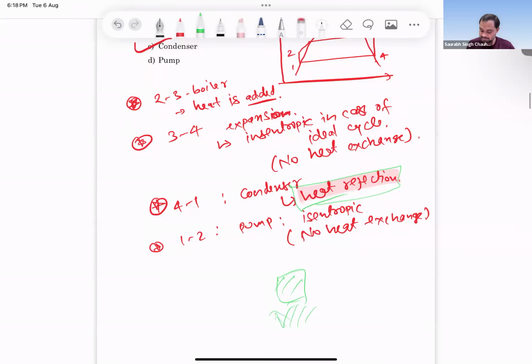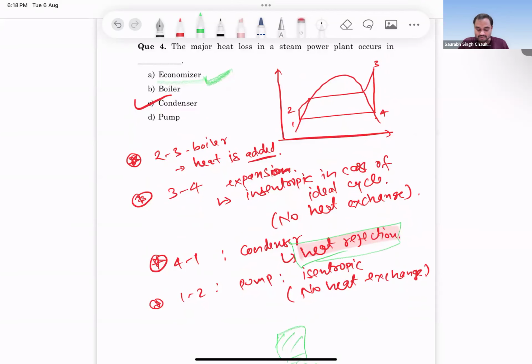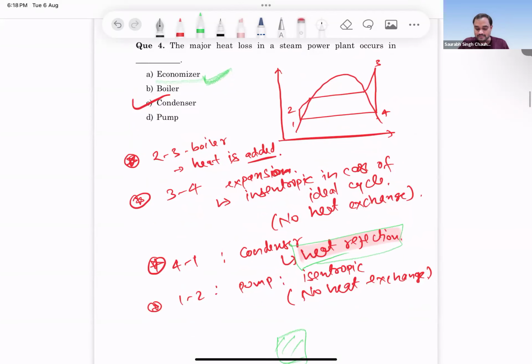From a combustion device. So after combustion there will be some exhaust gases coming out. These exhaust gases are quite hot, and the heat of these combustion gases can be used to raise the temperature of the water that will go into the boiler. Okay, so economizer basically is a heat exchanger.